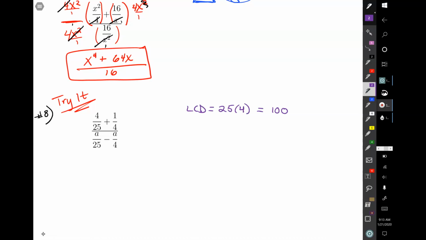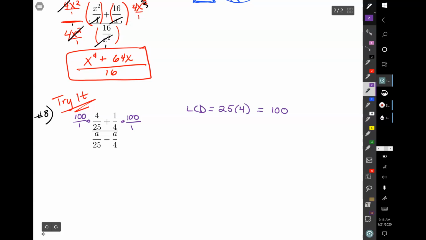So for this, I've figured out that my LCD is 25 times 4 equals 100. So I'm going to multiply the entire top by 100 and distribute. I'm really just going to multiply every term by 100, and I could write that over 1.